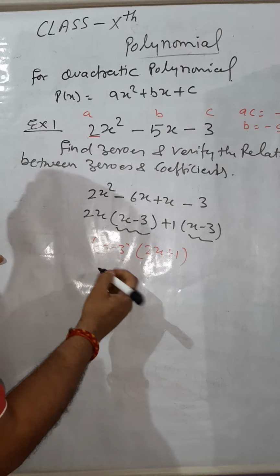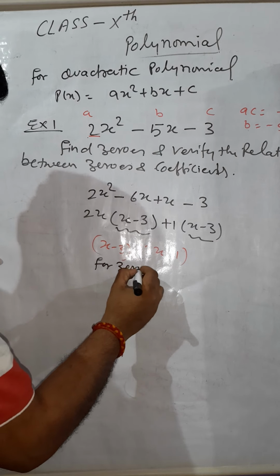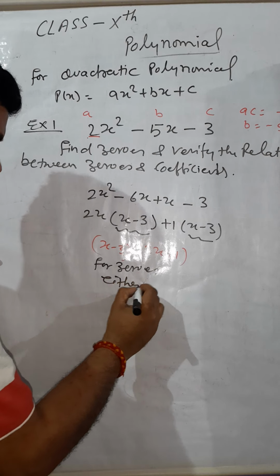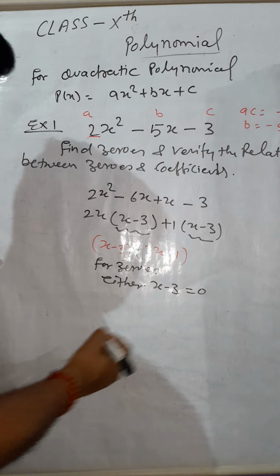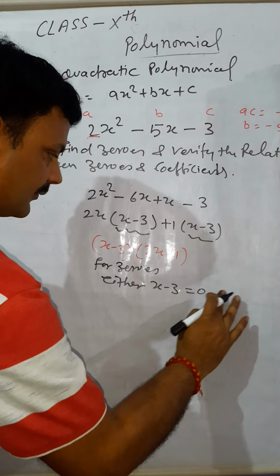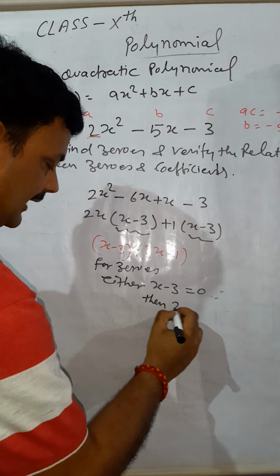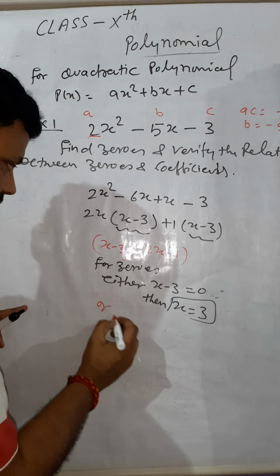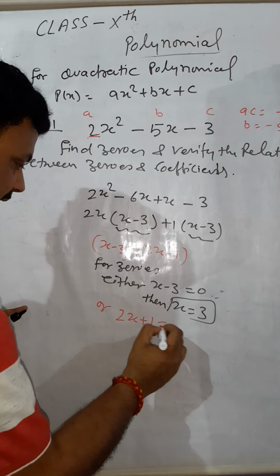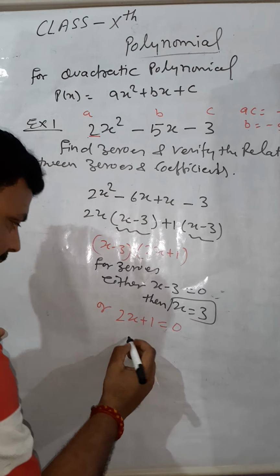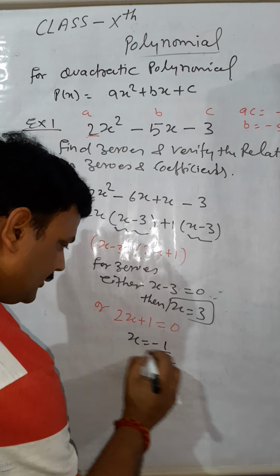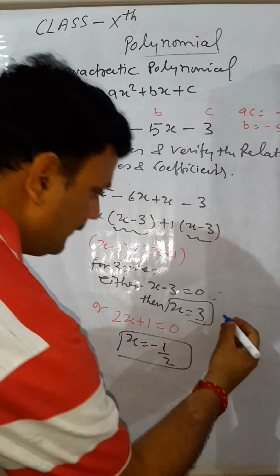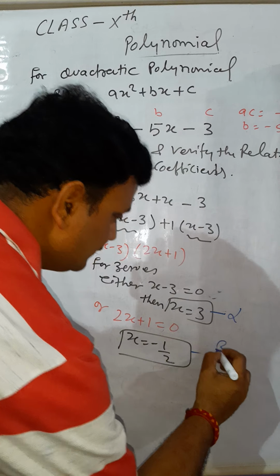For zeros, either x minus 3 is equal to 0, then x will be 3, or 2x plus 1 is equal to 0. It means x is equal to minus 1 by 2. So we can say, suppose this is alpha and this is beta.